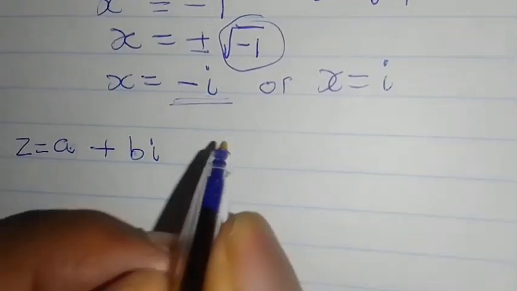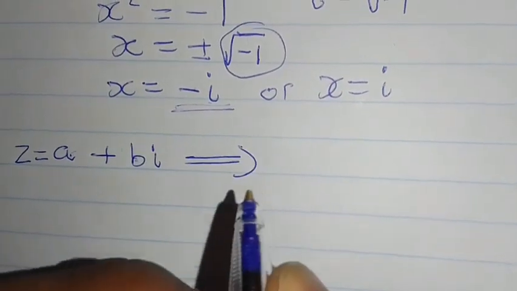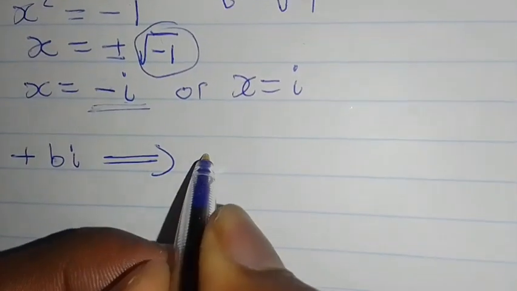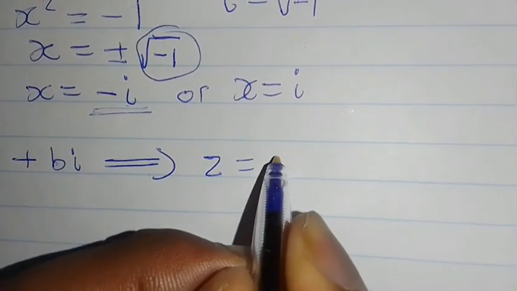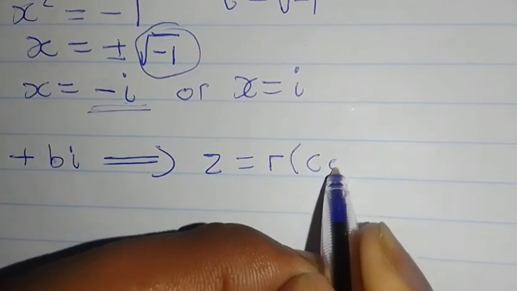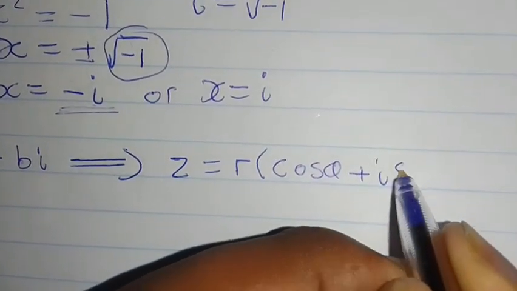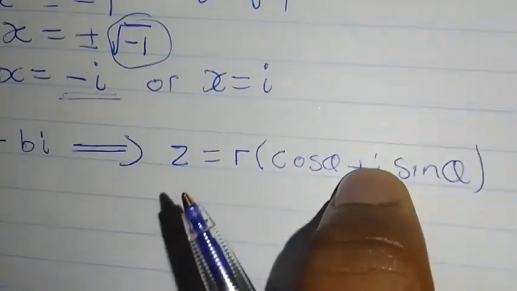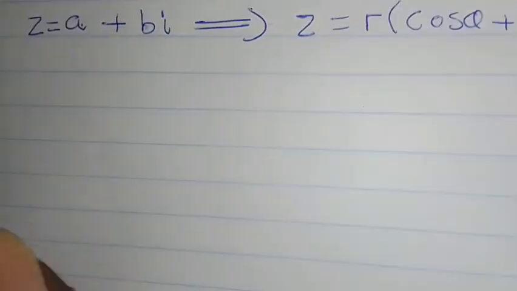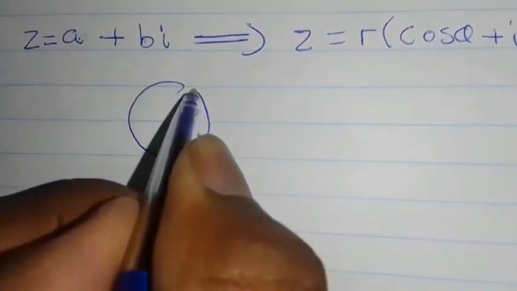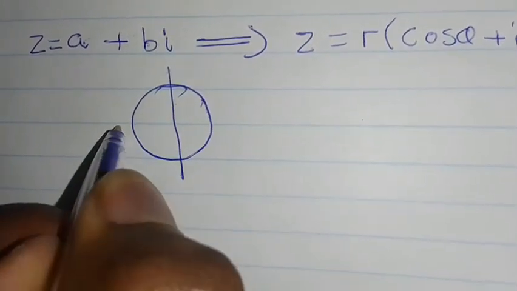Now we don't necessarily need to stop at a rectangular form. We can express this in a polar form, where we have r cosine of the angle plus imaginary multiplied by sine of the angle. Okay, let's focus on the polar form for a second. When you have a circle with radius r, let's plot it on a coordinate plane.